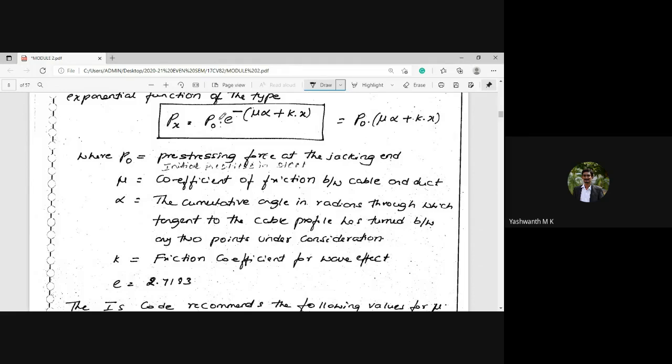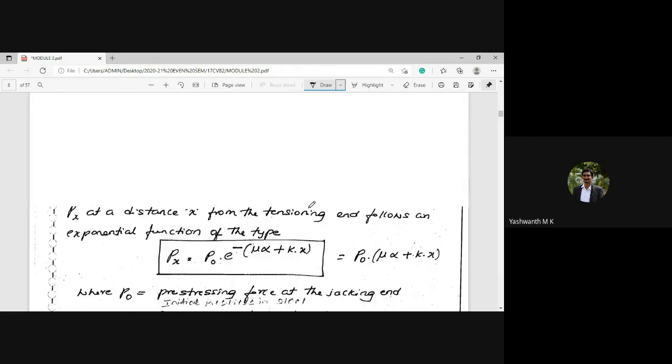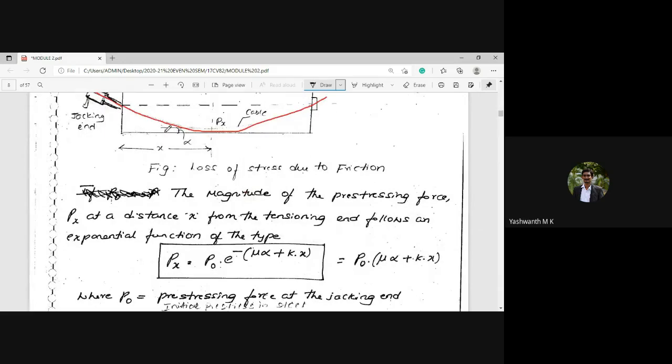Where P0 is the prestressing force at the jacking end, and Px is the initial prestress in the steel. Next, alpha is the cumulative angle in radians through which the tangent to the cable profile has turned between any two points under consideration. So this will be your angle alpha.